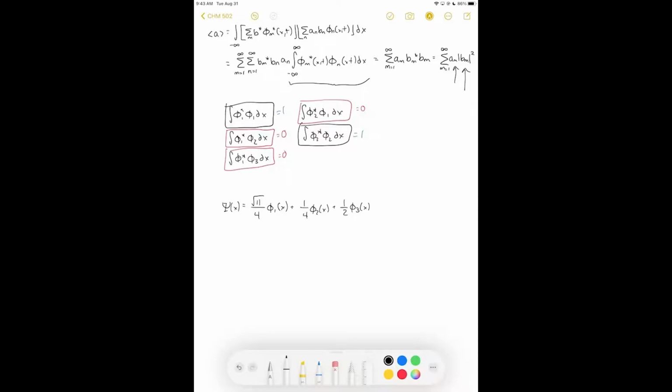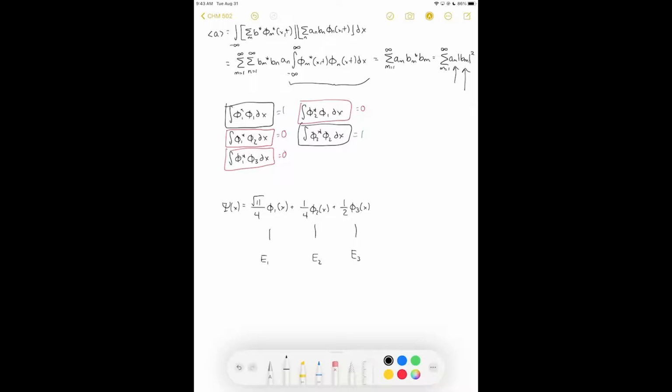We might want to know, what energies are we capable of measuring? We are only capable of measuring energy 1, energy 2, and energy 3, the energy values associated with these three functions.